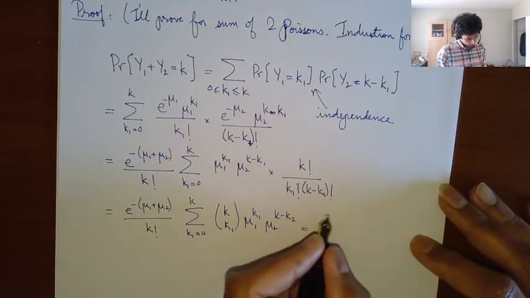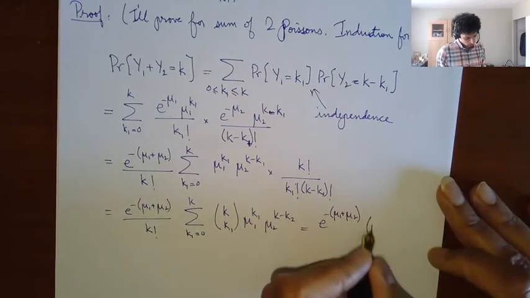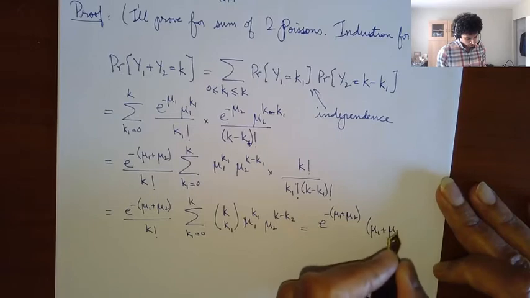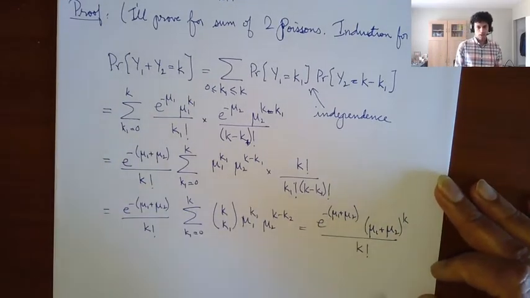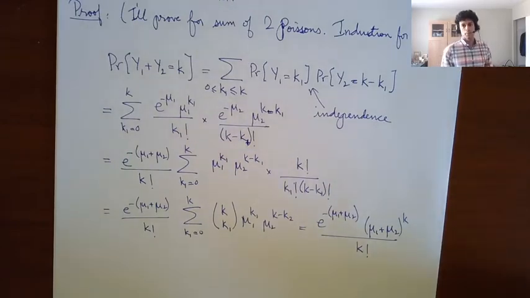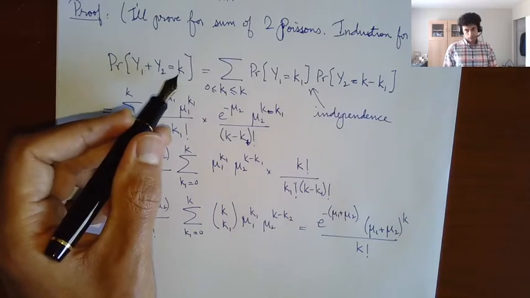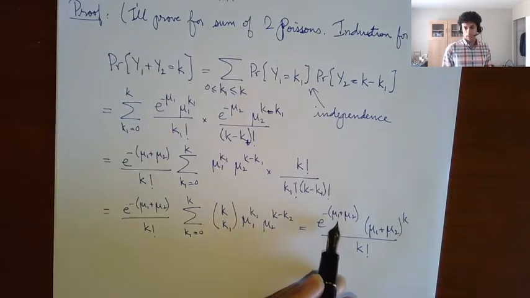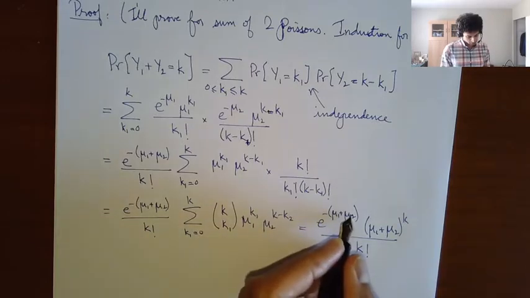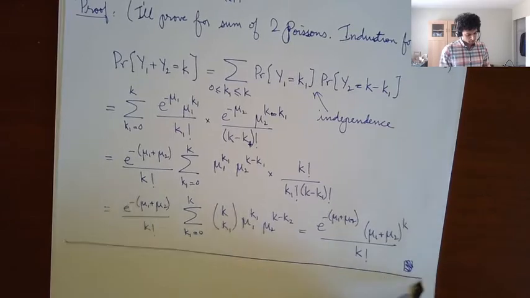So you get e to the minus mu1 plus mu2, mu1 plus mu2 to the power k divided by k factorial, and this is exactly the probability that a Poisson takes the value k, where the parameter is mu1 plus mu2. And so that ends the theorem.